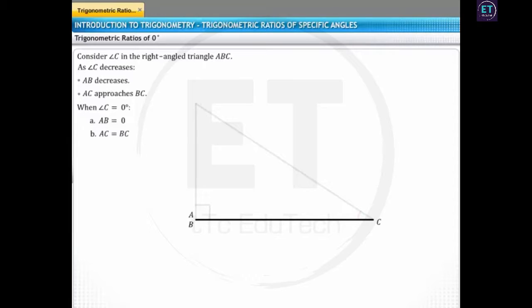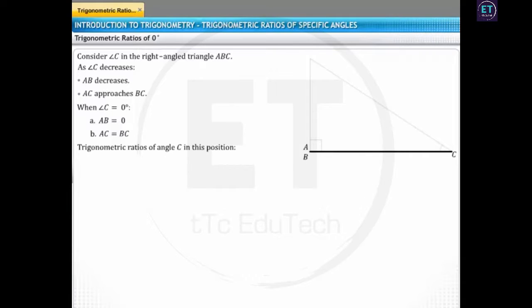Also, the length of hypotenuse AC becomes equal to the length of BC, the side adjacent to angle C. Let us calculate the trigonometric ratios of angle C in this position.